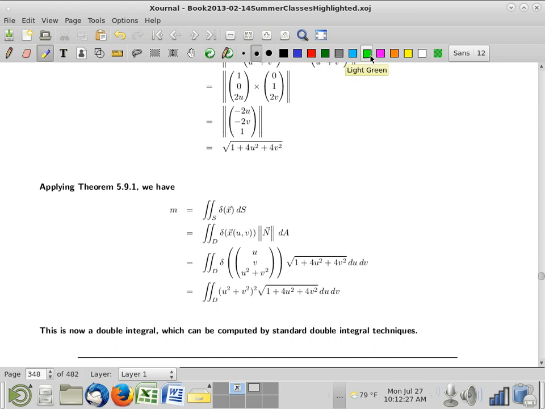So note that density is a function of position, and now position is a function of the parameter variables. So that's just plugging in. ds, stretching factor times dA.